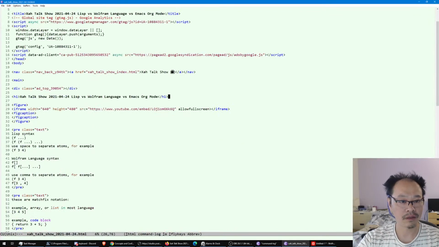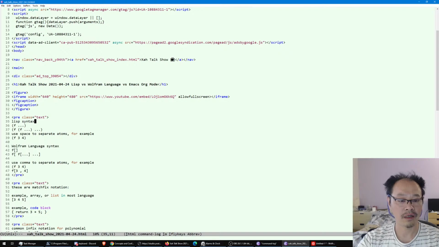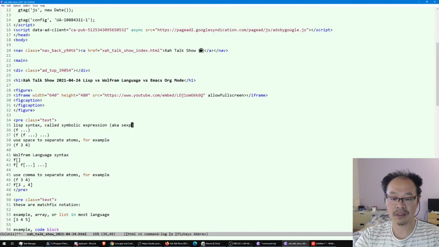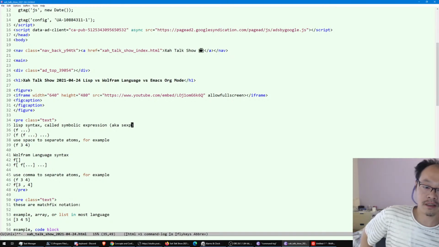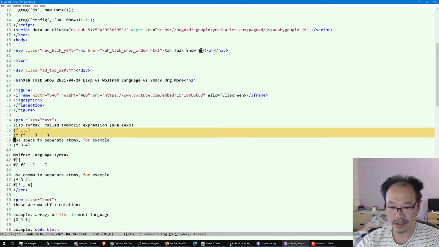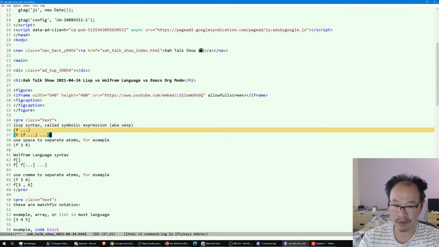So Lisp syntax is called, let's magnify a bit more, symbolic expression, aka SEXP. It's often known as sexp. So this nested parenthesis is called symbolic expression.